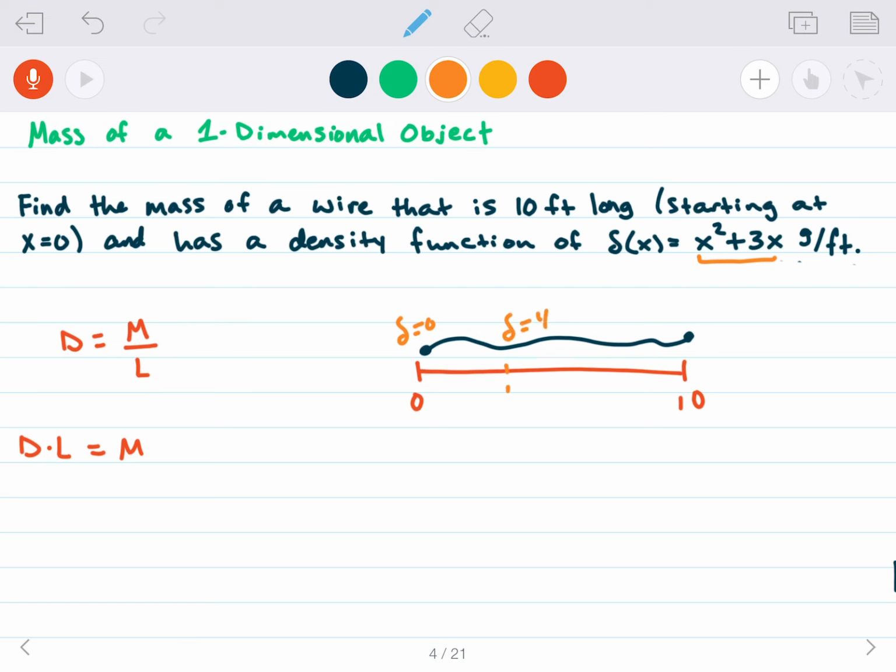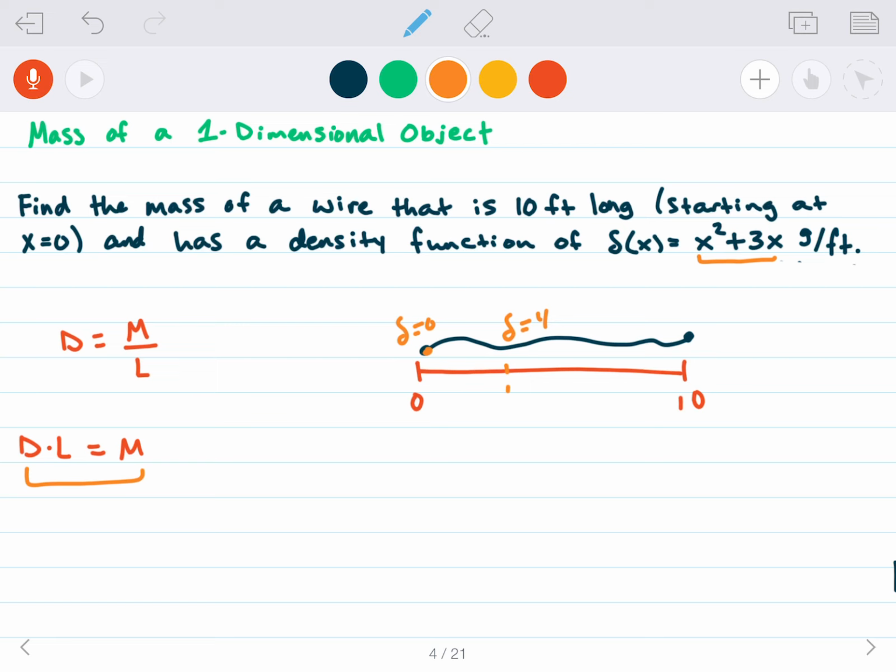So the density is varying, and because of this, we need an integral to figure this out, right? So the idea here is that we're going to start at 0 and we're going to add up all of the little masses all the way until we get to x equals 10, okay?